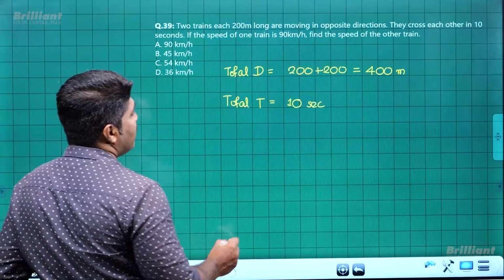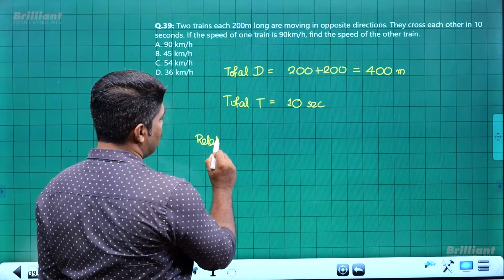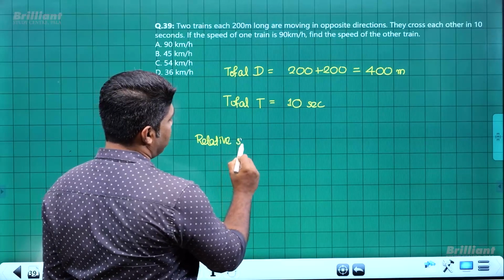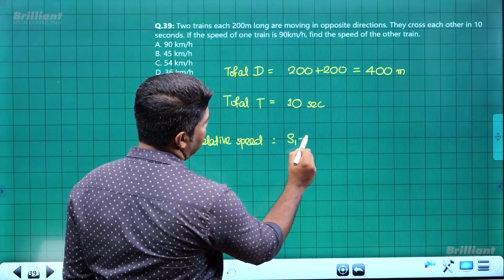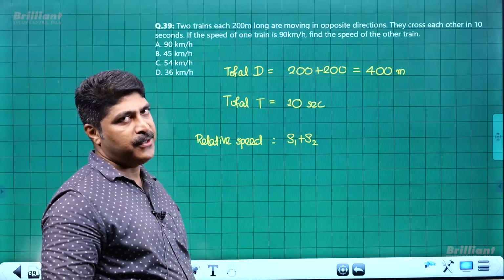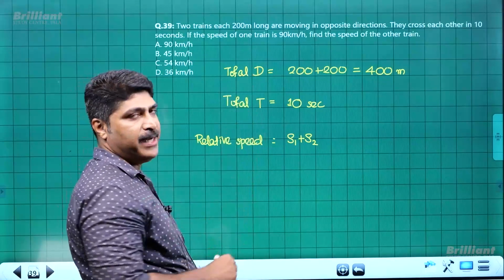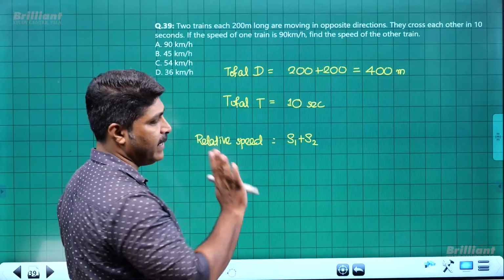So here we just consider the relative speed. How can we assume the relative speed? That is nothing but speed 1 plus speed 2. So here we have one speed, speed 1. Keep it like this, then finally we can substitute that 90.